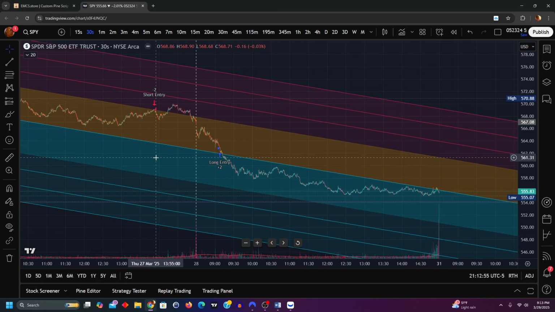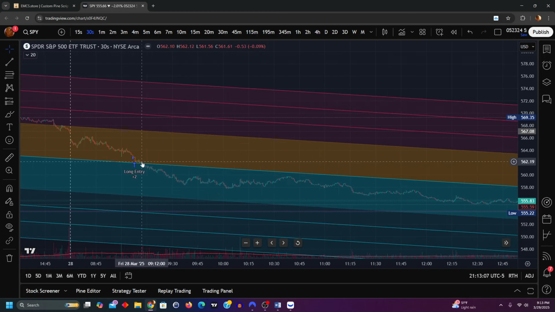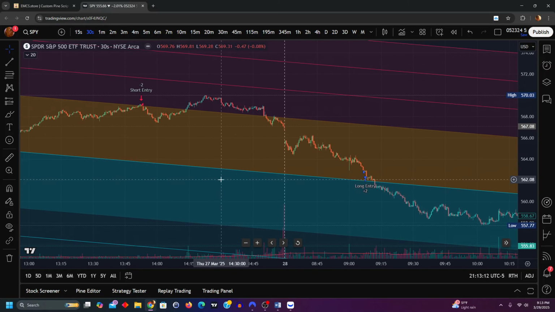But anyways, at 13:55 ish, which is where this entered the trade, we can zoom in even closer if we want, right? So there it is. Actually 13:52:30.